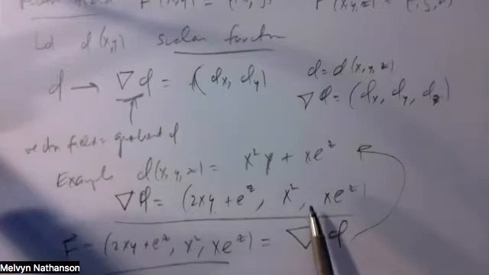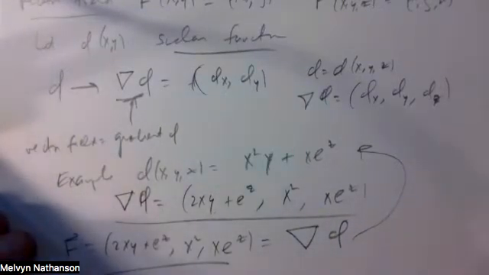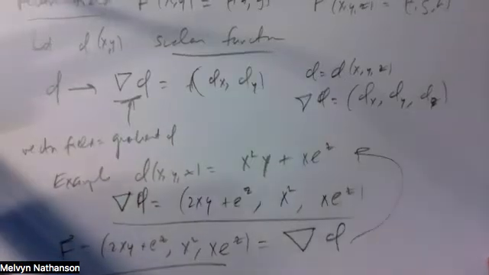So some vector fields are gradients of scalar fields. And there's a condition that will always be satisfied if a vector field is the gradient of a scalar field.